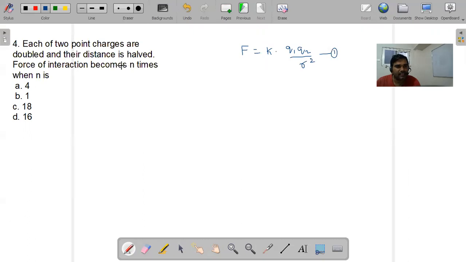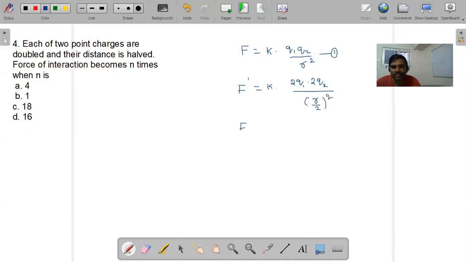Then second, each of 2 point charges are doubled. So the new force, constant remains as it is. When it is doubled, it will become 2q1 into 2q2 and the distance is becoming half. So here it will become r by 2, half of the original distance.